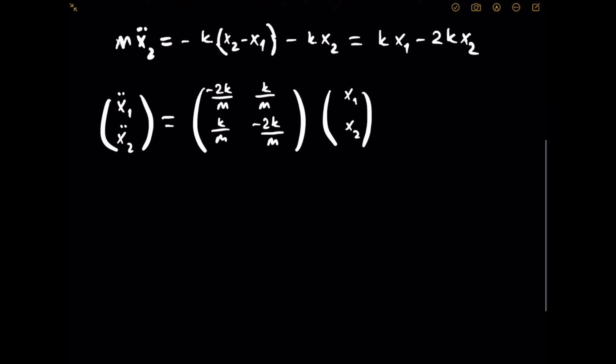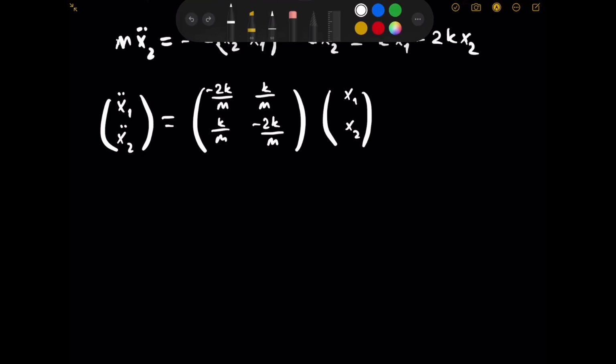So to look for normal mode solutions, there are multiple ways of doing this, but I will complexify the problem. Let's do it properly. I will define z double dot, which is z1 double dot, z2 double dot.